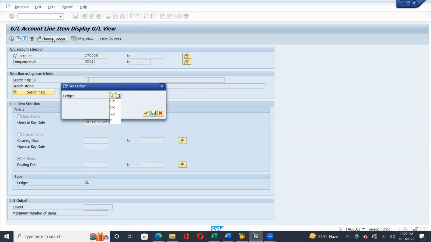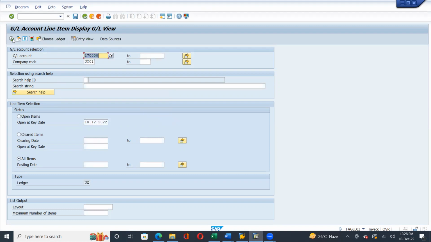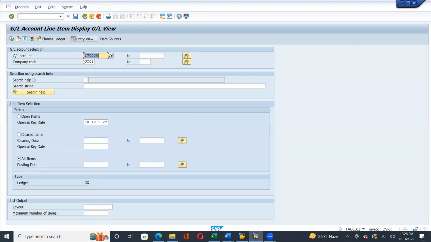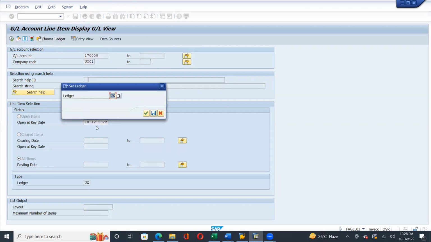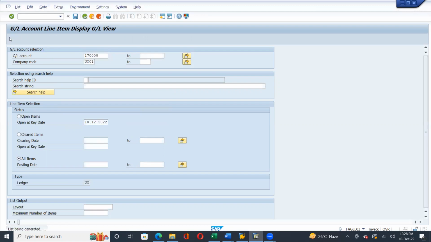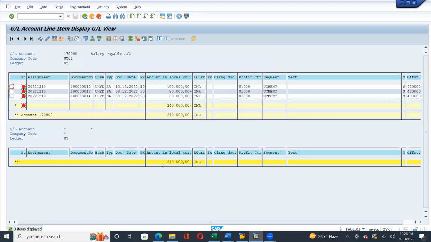Whatever ledger you want, you can give here. UX ledger. Click on execute. So as per my IFRS, this is my ledger report. And the other ledger we have is UI. I think UI is not working for us, but still, select choose ledger. In real time also, you can see UI. You can see any ledger balances.